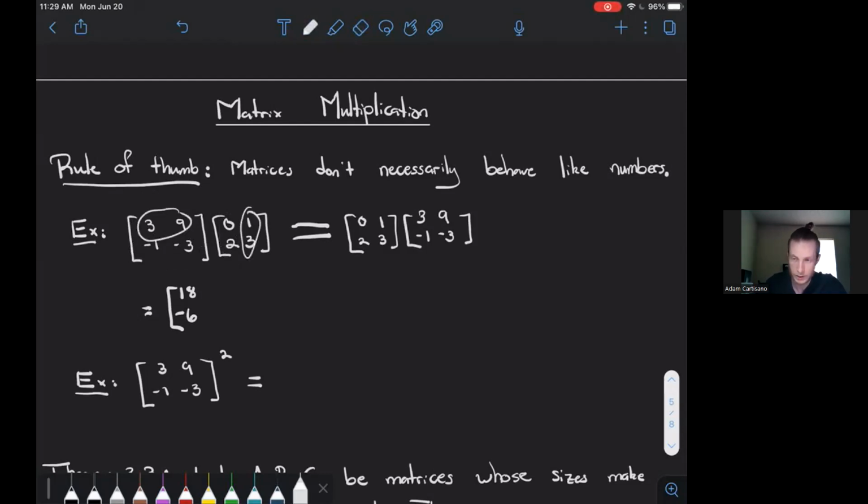So 1 times 3 is 3, 3 times 9 is 27, 3 plus 27 is 30. And then we'll do the last one. So 1 times -1 is -1. 3 times -3 is -9. -1 plus -9 is -10. So apparently the product of these two matrices is 18, 30, -6, -10.